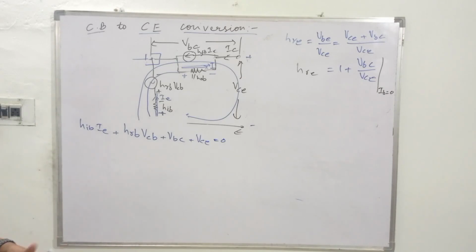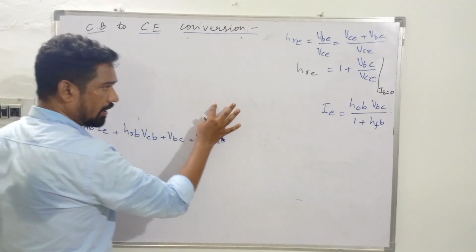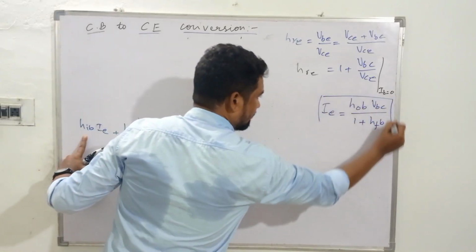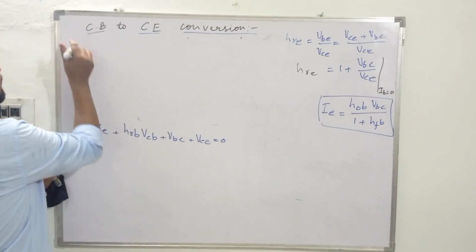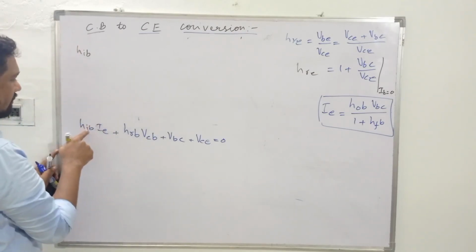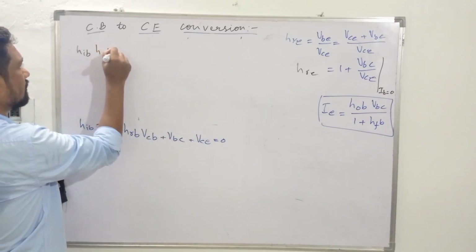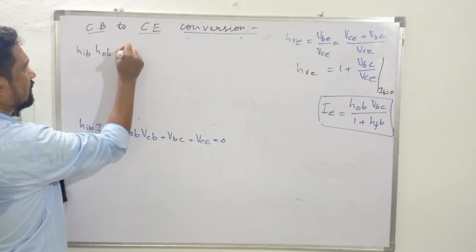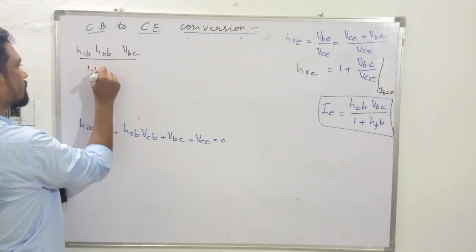All right. So guys, now this is from the output circuit. All right, output loop, and we have IE over here. This has to be kept in mind. Rewriting this one, how can this be written? It's HIB from here, and IE we have that one. What is that? HOB multiplied with VBC upon 1 plus HFB.